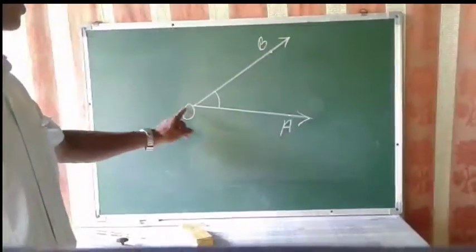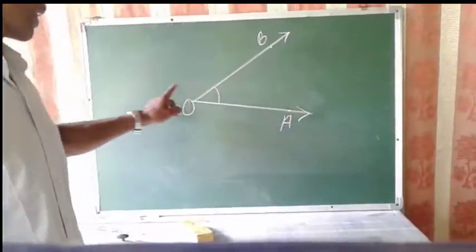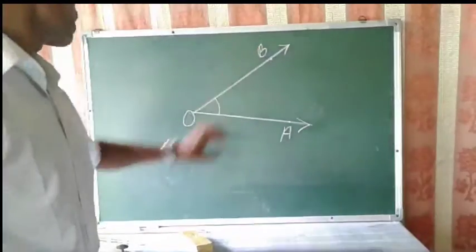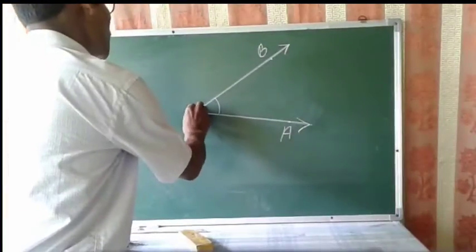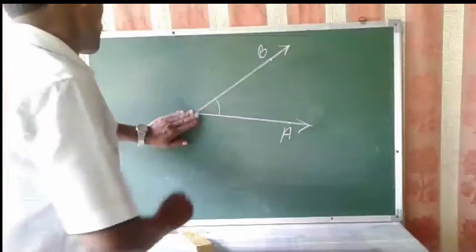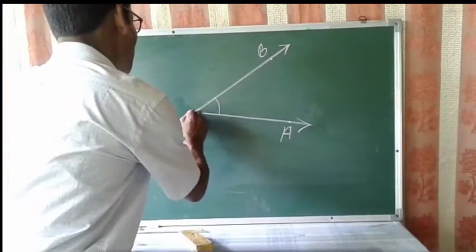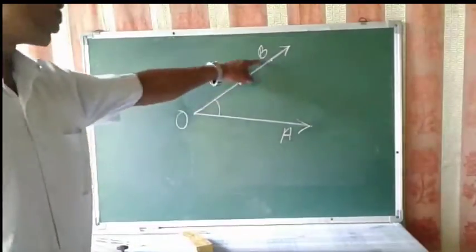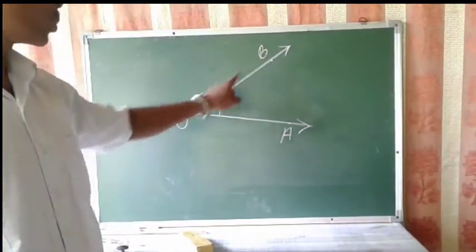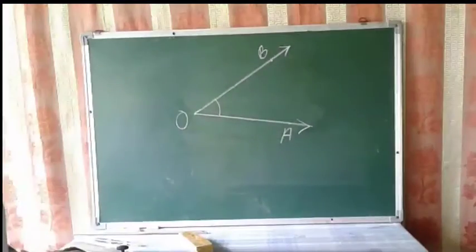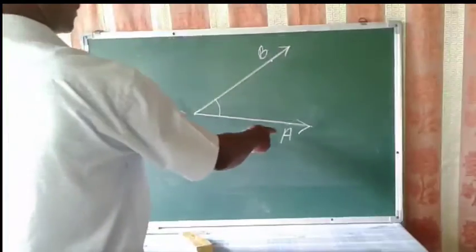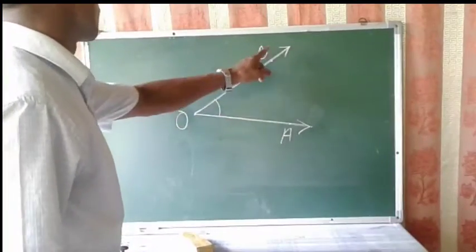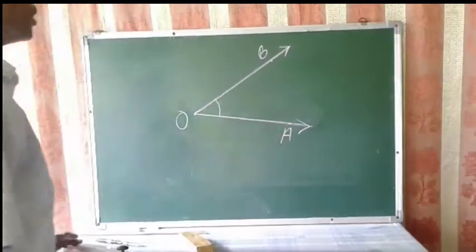In this angle, OA is one ray and OB is the second ray. If two rays combine or are fixed at this point, say O, then the two arms, or two rays, or two sides form an angle. So, what is the name of this angle? Angle AOB or BOA.